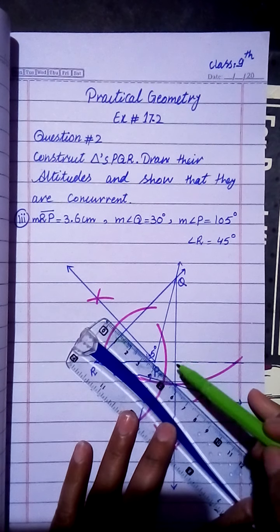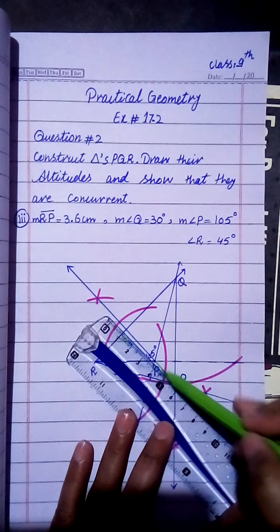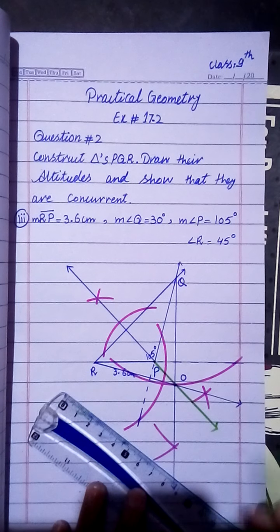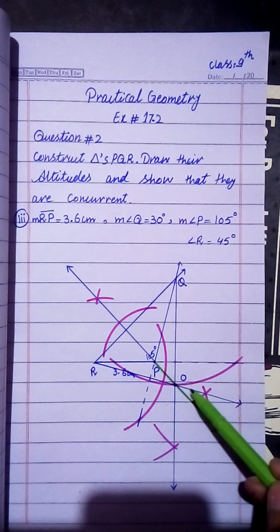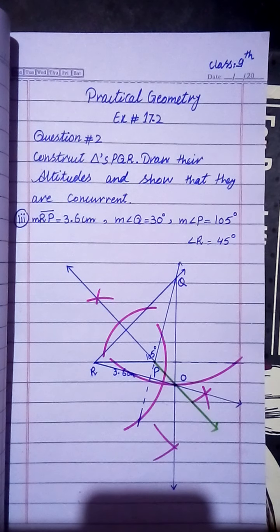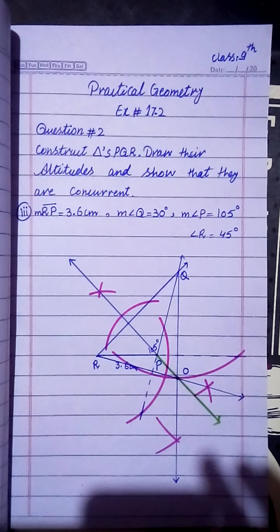Now you will extend. Now check that. That is the third altitude you have to extend. Three altitudes pass through the same point. So O is a point of concurrency. Concurrent means passing through the same point.